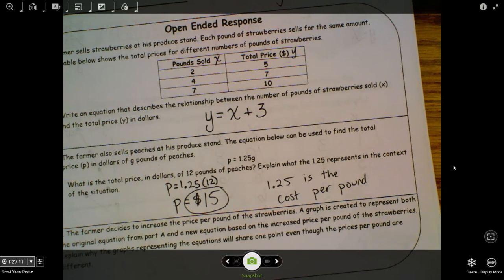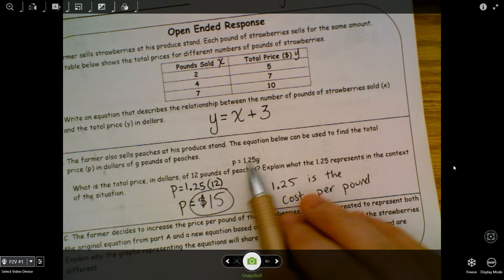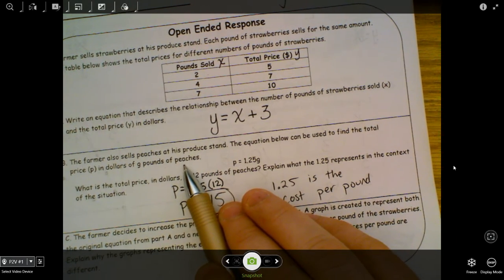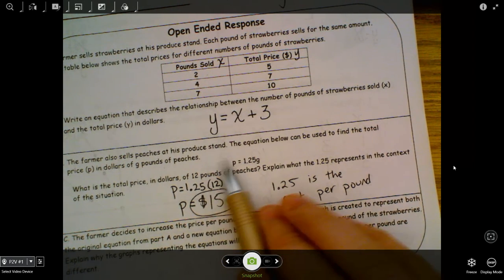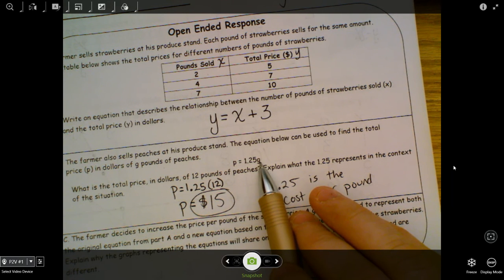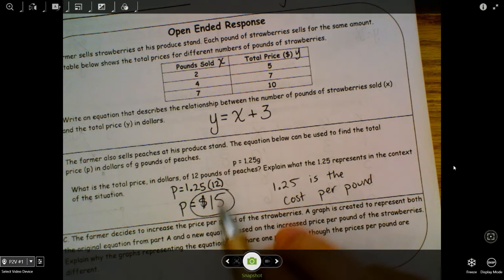Remember, you can pause it. So again, we took the original equation. They told us that G right here is pounds of peaches. Well, if they're buying 12 pounds, we put 12 in where G would be. 1.25 times G turns into 1.25 times 12, which is $15 for those peaches.